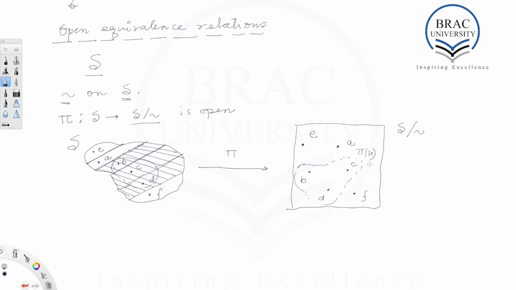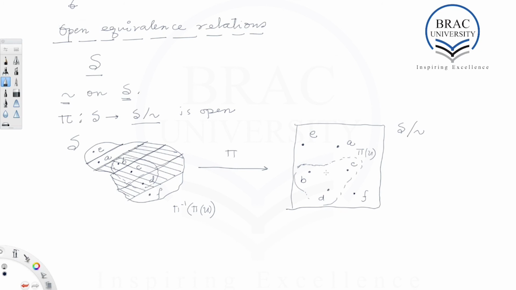Okay, so now what is the pre-image of this pi U? That I am asking. The pre-image of pi U. Right? So the pre-image of pi U means all the points here in S such that the image of those points under pi will be here.